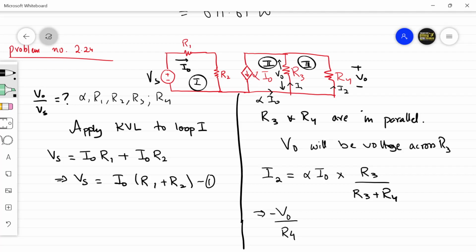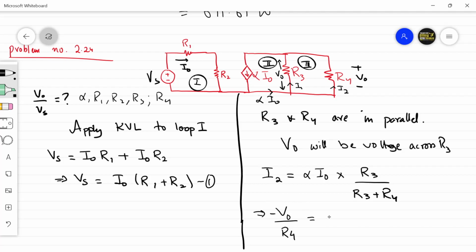Rather minus V naught divided by R4, because of the polarity that has been fixed in the question, this being plus and this being minus, I2 will be equal to minus V naught by R4. Right?